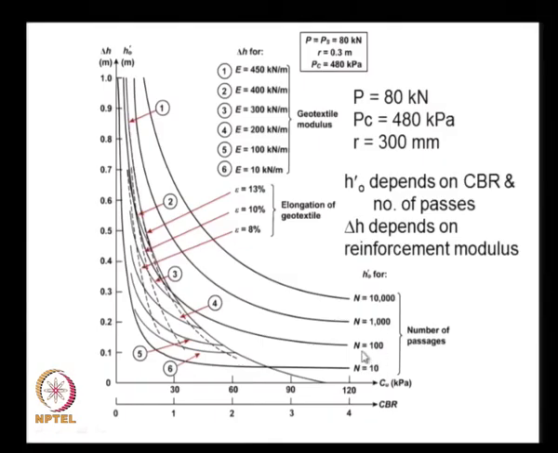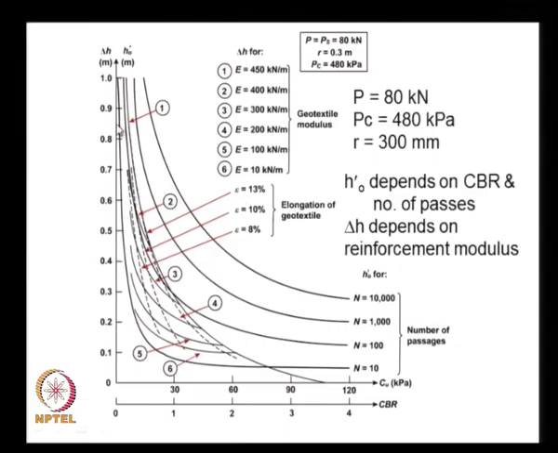You see that everything is in terms of log scale, and so if you know the CBR value or the undrained cohesive strength of the soil, we can directly read off the thickness of the unreinforced pavement from this graph.